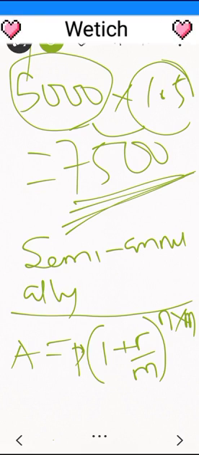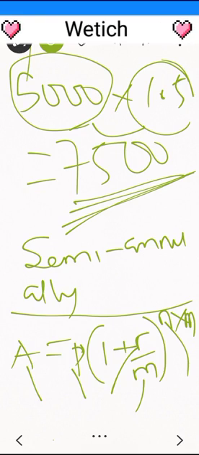It's a simple problem nonetheless. So we are going to look at a problem and a solution. In our former lecture, you should be able to understand what A stands for, what P stands for, what R stands for, and what N stands for. The difference is we added M into the equation.